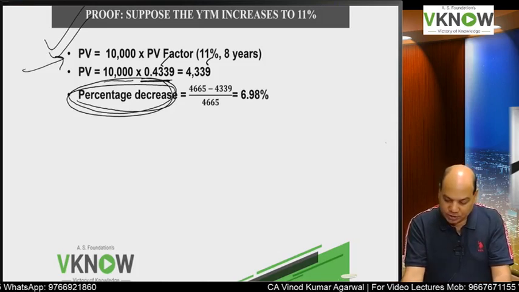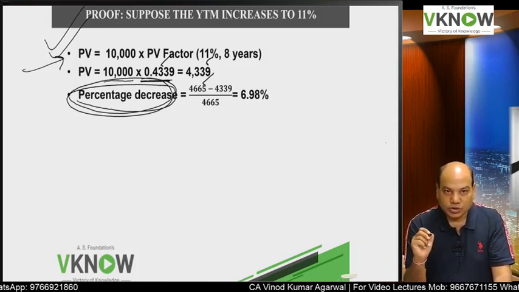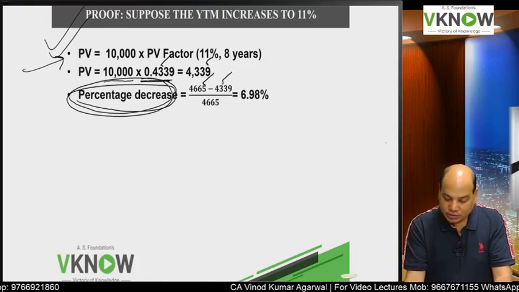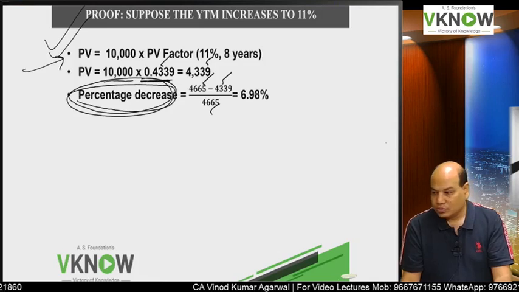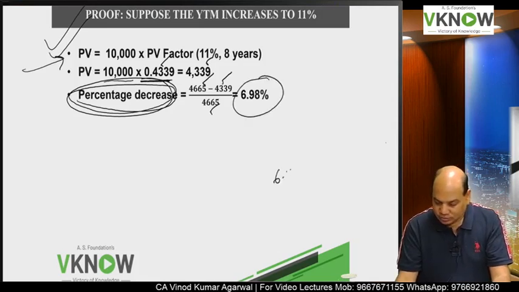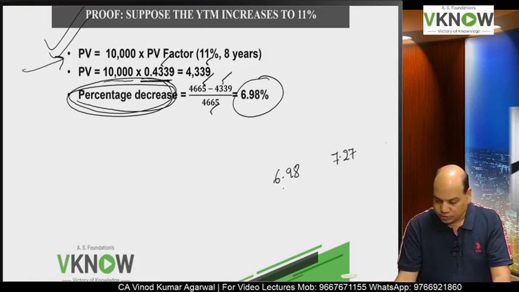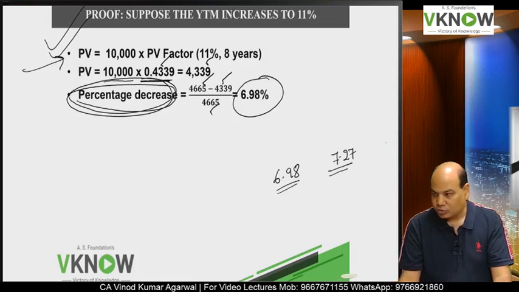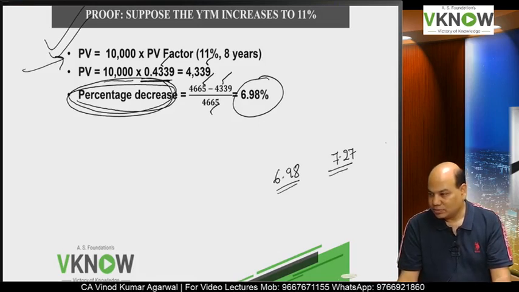So take the previous answer 4665 minus this answer, divide by previous answer. So 6.98, oh my god, 6.98, and you have written 7.27. So you should say, sir, it is not matching.